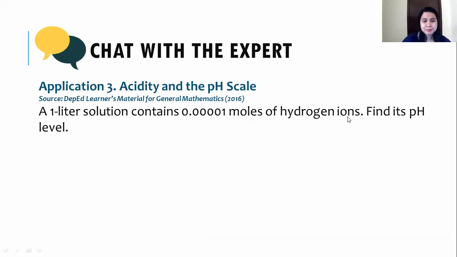So for example, in a water solution, it must be in 1 liter, or else you need to convert it. A 1 liter solution contains 0.00001 moles of hydrogen ions. Find its pH level. So the formula is pH equals negative log of H plus.